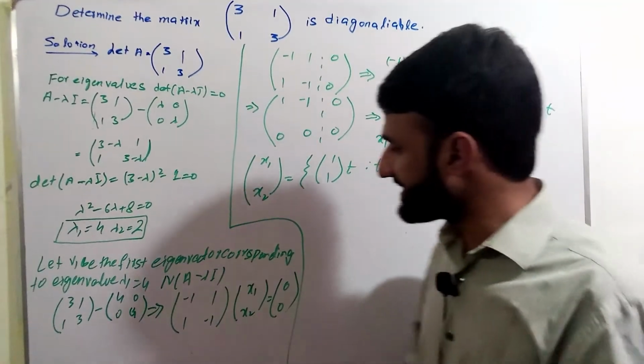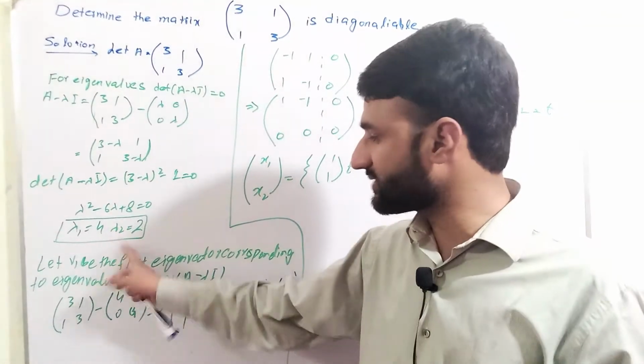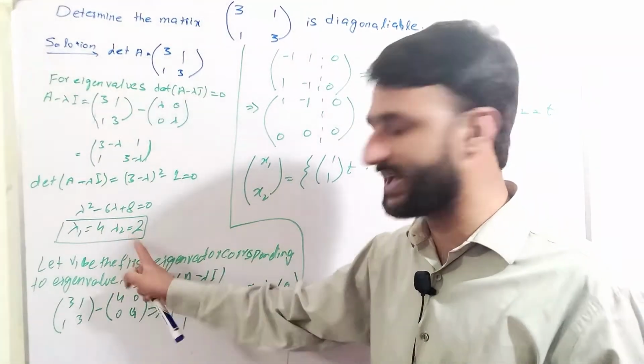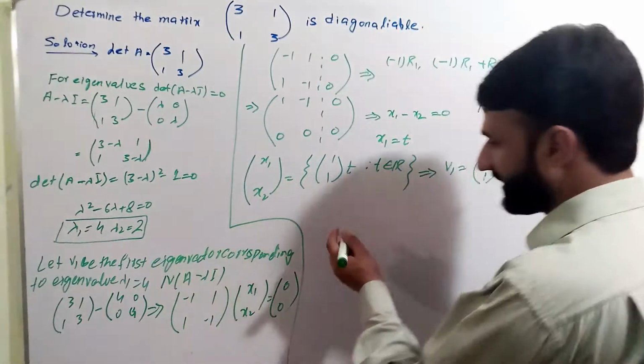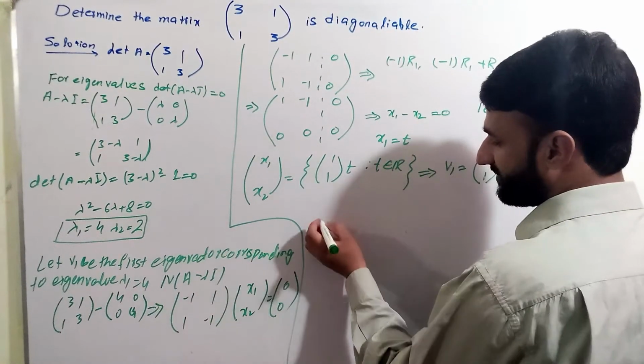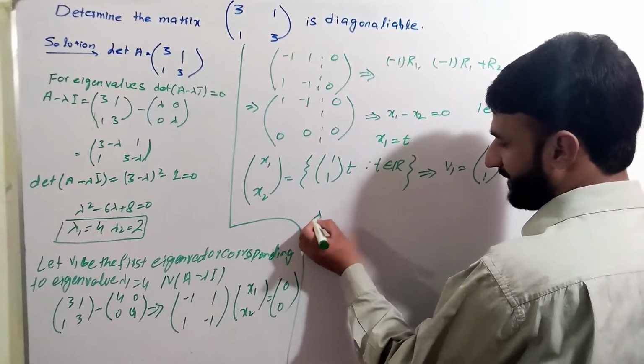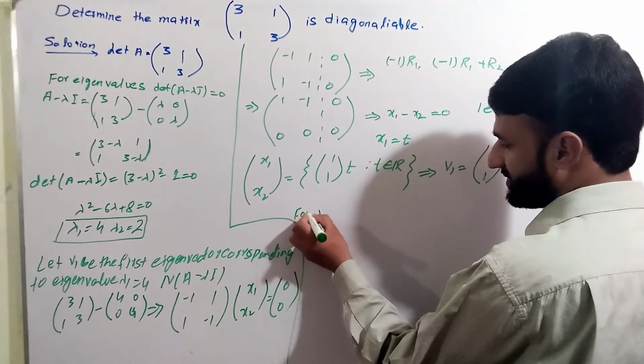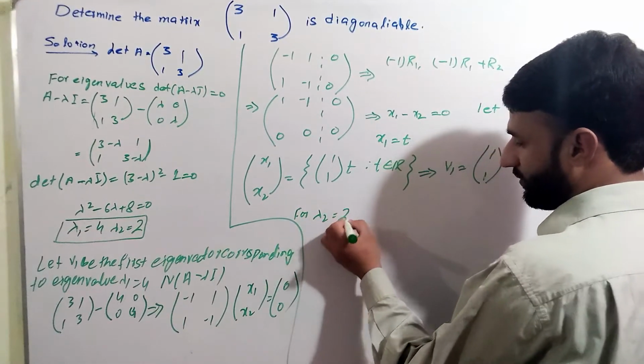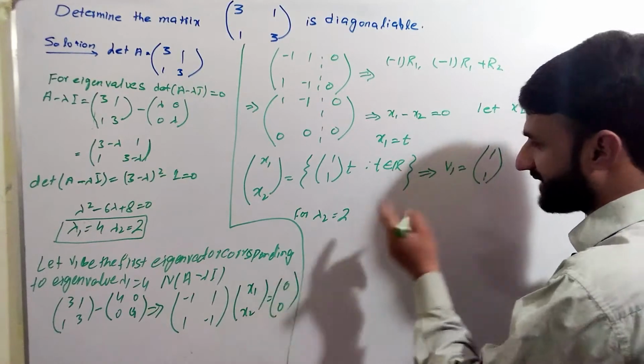Now we put in the second eigenvalue. Now we find the second eigenvector corresponding to the second eigenvalue. I'm going to put in lambda equal to 2 directly in the expression.